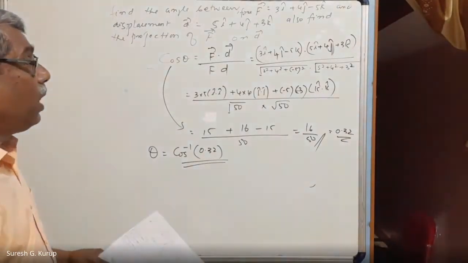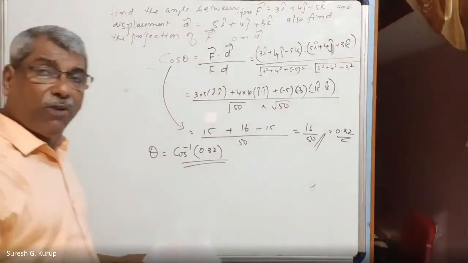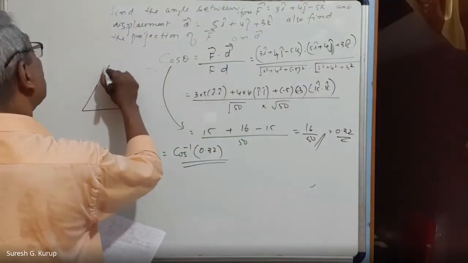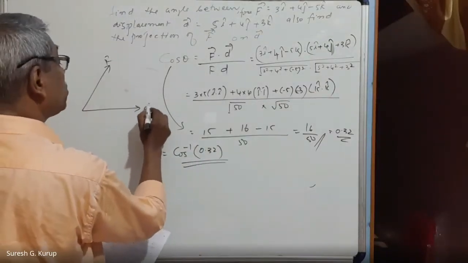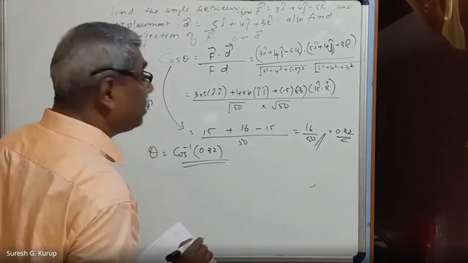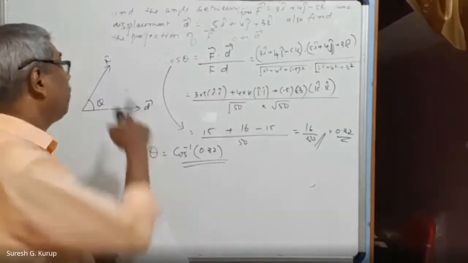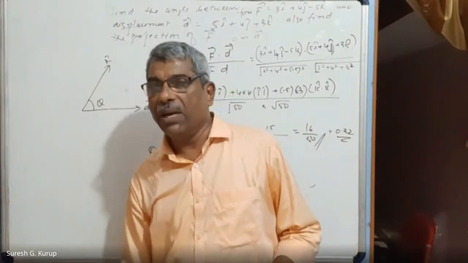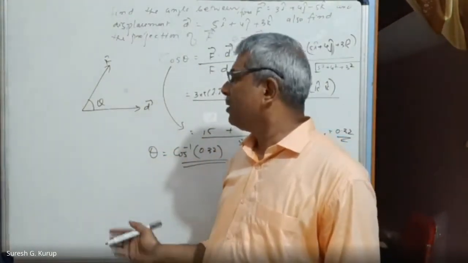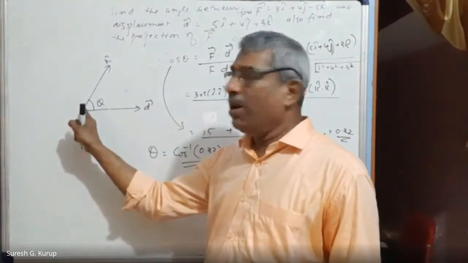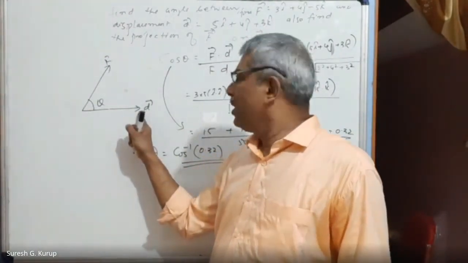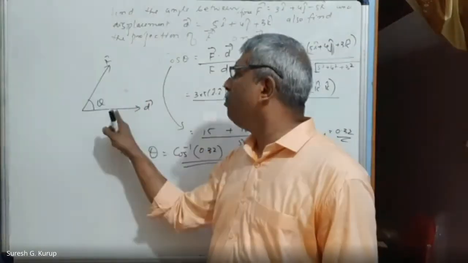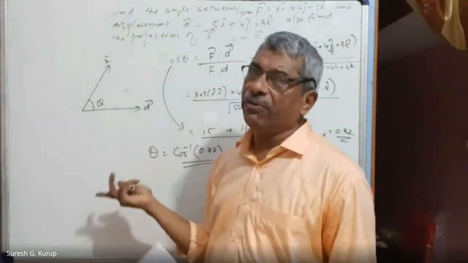Right? Now, what is the projection of F in the direction of D? Suppose this is the vector F and this is vector D, right? This is theta. Projection of vector F along D, because we have already seen how a vector is split, how the component of a vector can be calculated. If this is vector F and this is a line representing the displacement, then the component of F along D is equal to F cos theta.